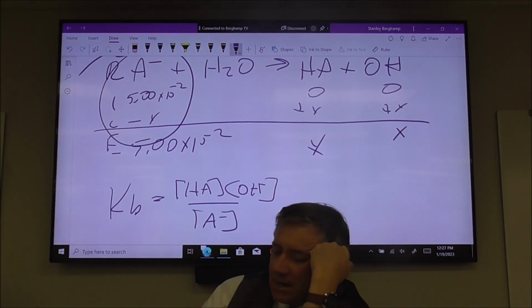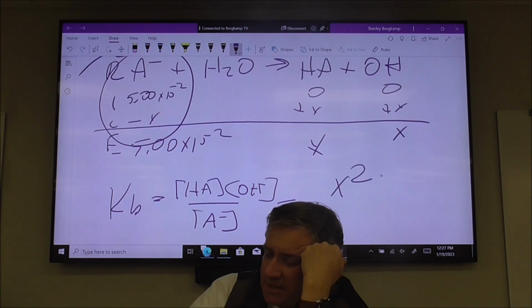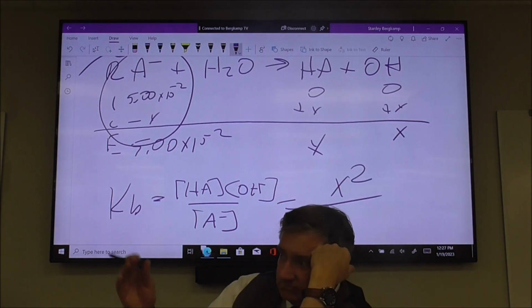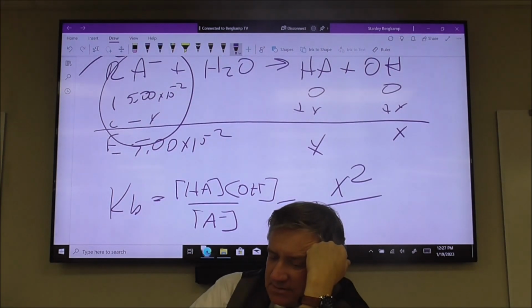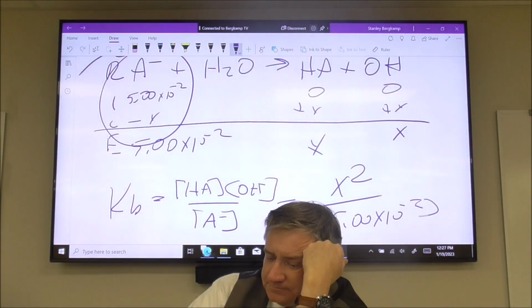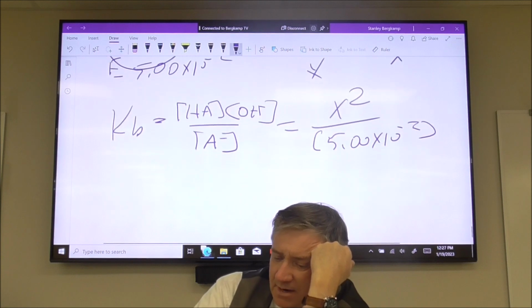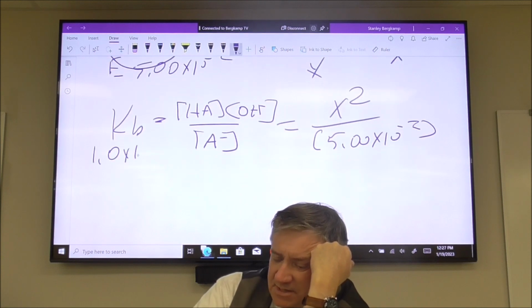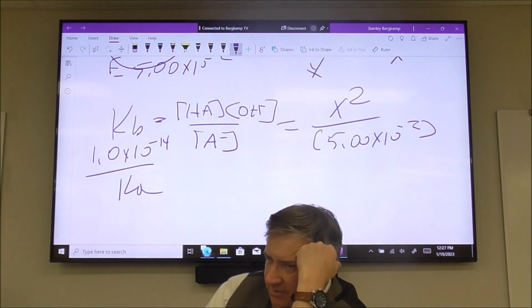That's what you got. So, these are going to be your x squareds, okay? Your anion concentration is going to be 5.00 times 10 to the minus second. That Kb value is going to be the auto ionization constant of water divided by your Ka value.